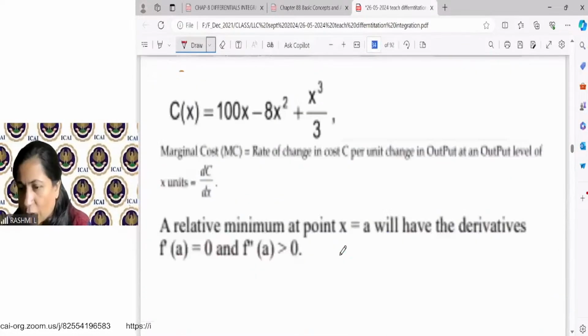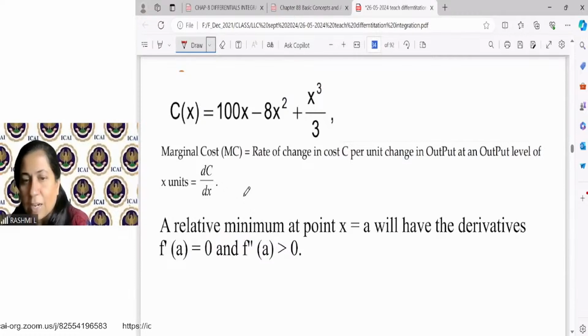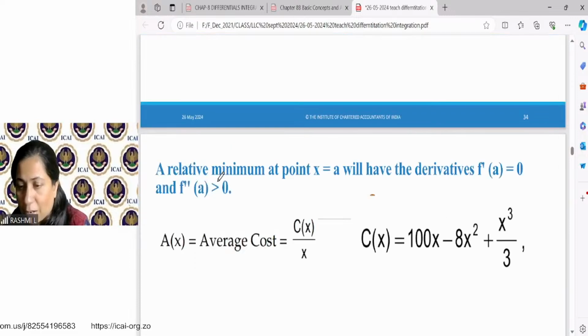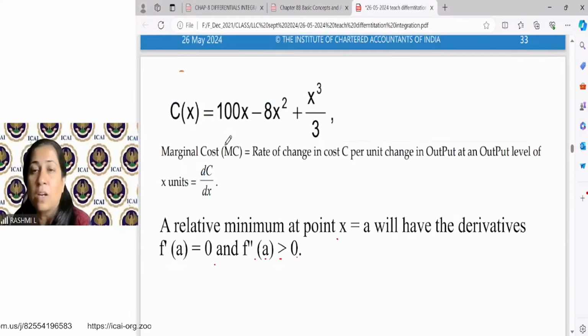So what we are getting here is that x is equal to 8. To find the relative minima at the point x is equal to 8, find f dash and f double dash. If f double dash is greater than 0, you will get the minimum at that point. So what is the minimum value? I must manufacture x is equal to 8 to have the minimum marginal cost.